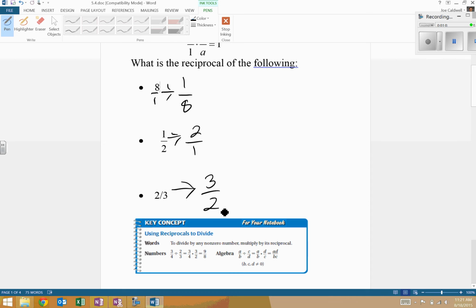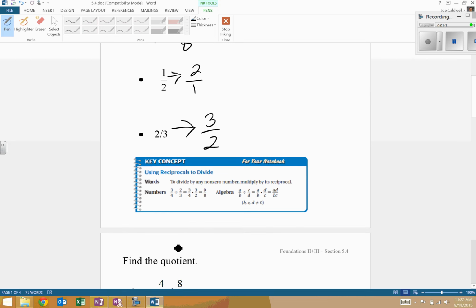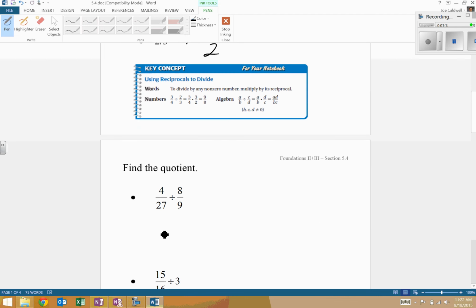Now, why do we need to know that? Because to divide by a fraction, and actually in any scenario, to divide by any number, what you're doing is multiplying by its reciprocal. So to divide by fractions, we change it to multiply and flip the number.